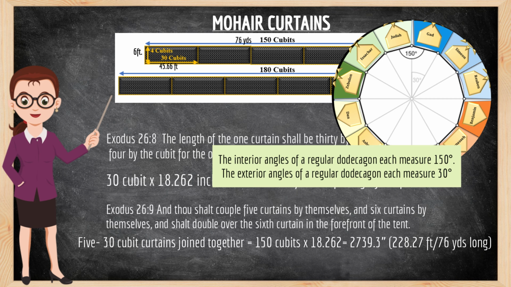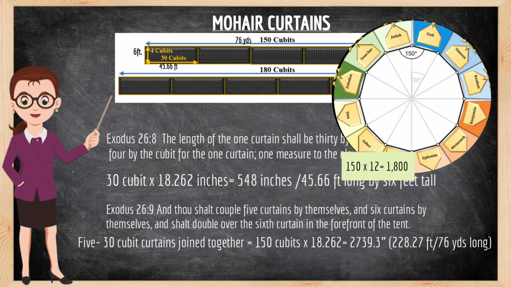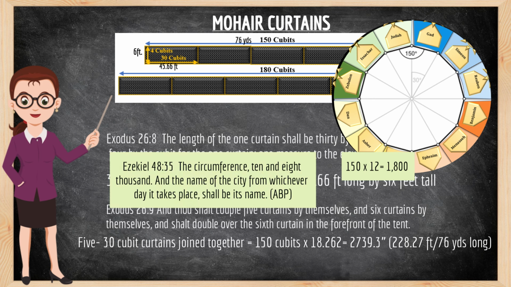So if we take the 150 degrees and multiply that by 12, we get 1,800. Now, 18 is an interesting number. Ezekiel tells us that New Jerusalem has a circumference of 18,000 cubits. So it would appear that the tabernacle was a mini model of New Jerusalem.